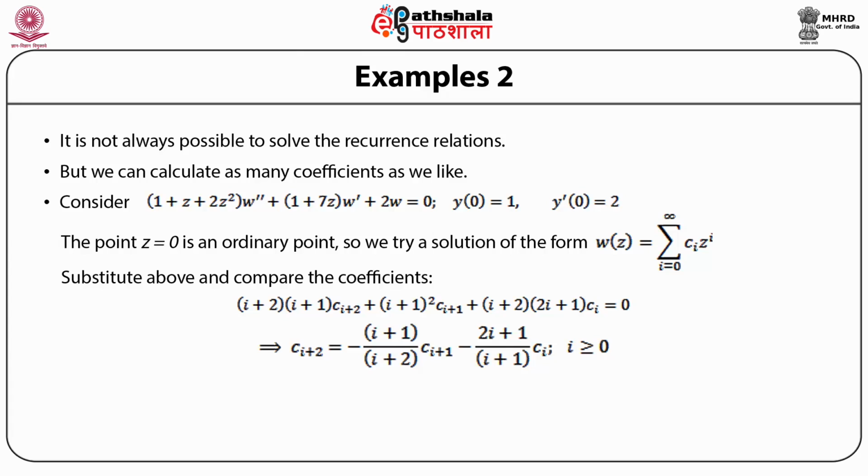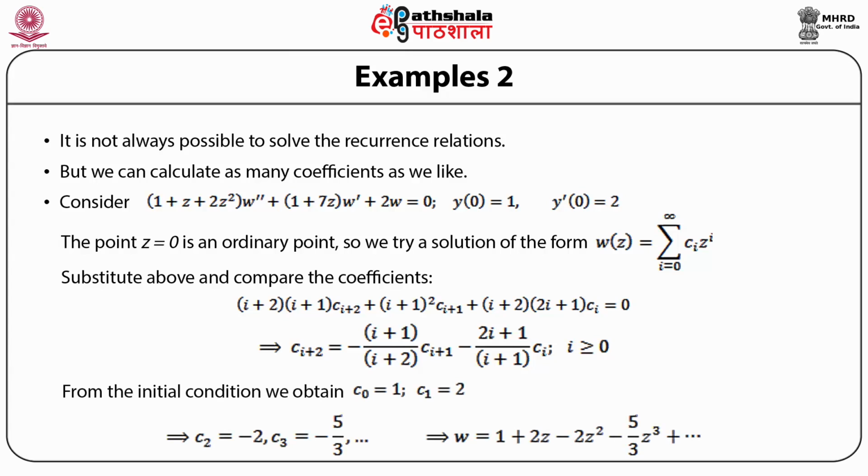The equation is simplified to find the value of c_(i+2) to be equal to minus of (i plus 1) c_(i+1) divided by (i plus 2) minus (2i plus 1) c_i divided by (i plus 1). This holds for i greater than or equal to 0.